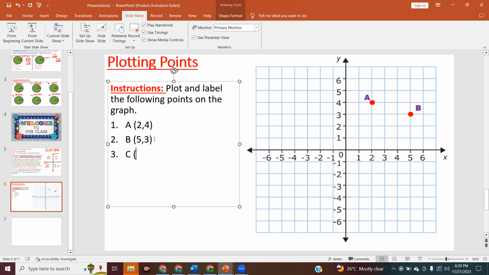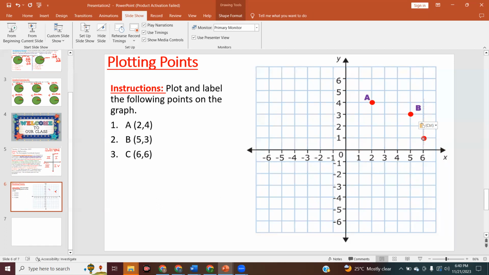Now, let's say C is 6, comma 6. Now what is 6, comma 6? Where do we start? X. We start at X, right? So X is going to be at what? 6, right? And then we go up how many times? 6 times.